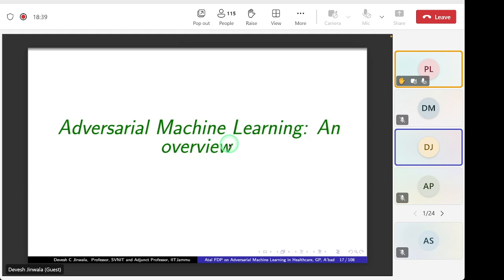Just as the cybersecurity designers use machine learning in order to build strong security mechanisms, as I said some time back, proactively trying to defend against the attacks, I'm using machine learning to protect my system. I'm trying to devise a security solution using machine learning.